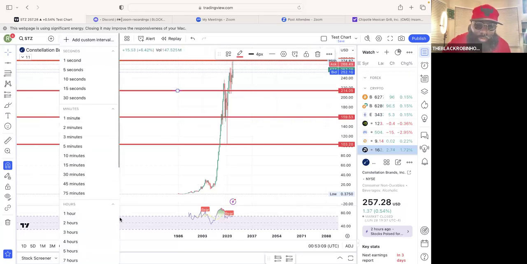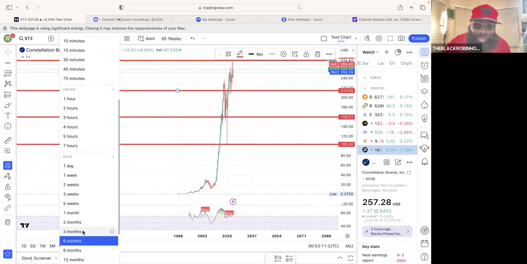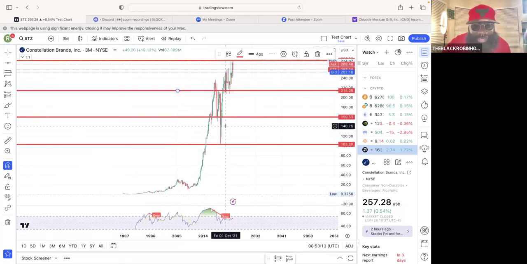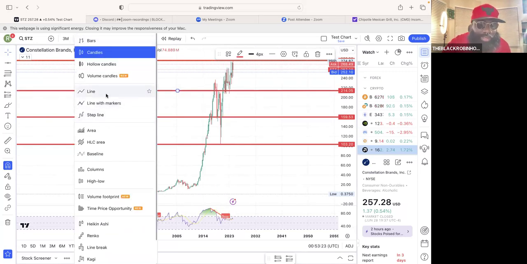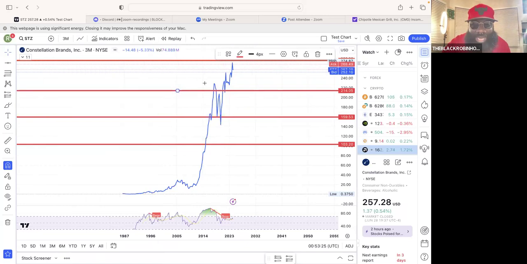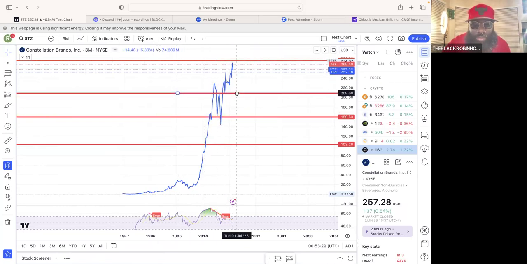Let me go down to 3 months. It's not changing much, right? Because the levels on the 6-month or 12-month are still solid. Also, when you're establishing your levels, use a line chart, because a line chart will give you more clarity on the levels.